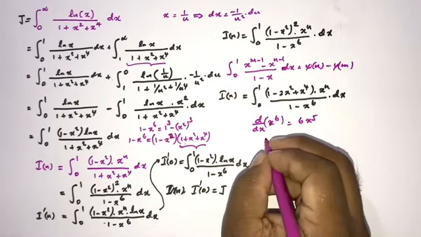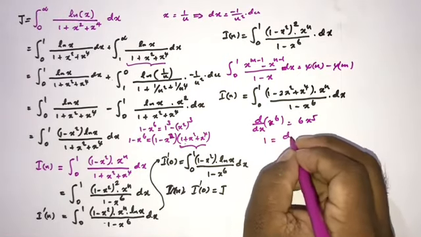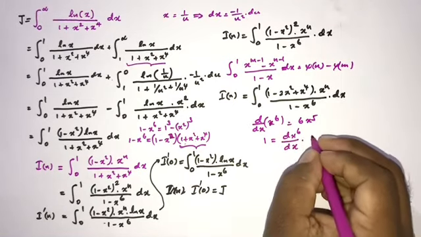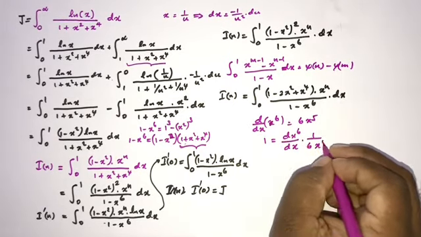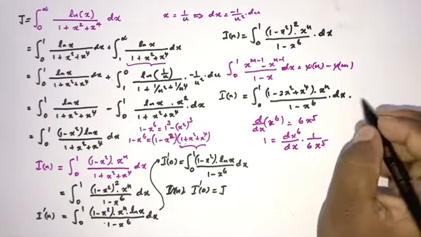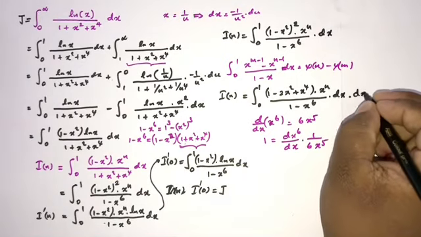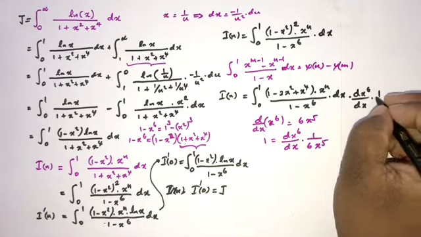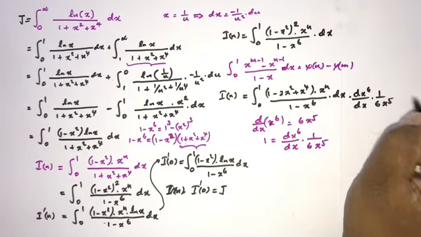So we know 1 is equal to dx to the 6 power over dx times 1 over 6 times x to the 5th power. So now instead of 1 we can write dx to the 6 power over dx times 1 over 6 times x to the 5th power.